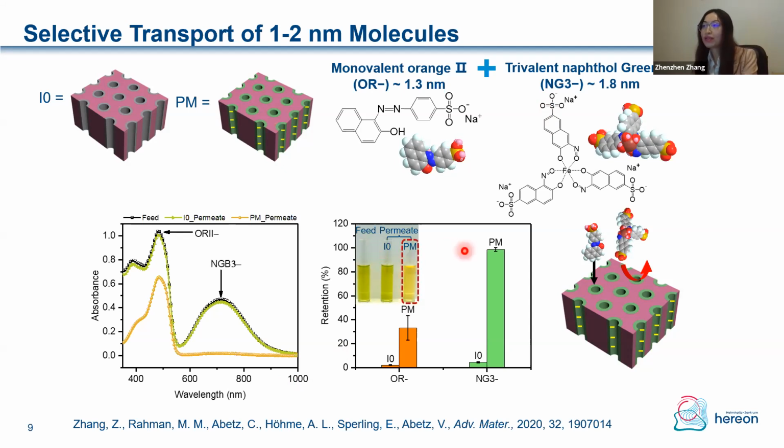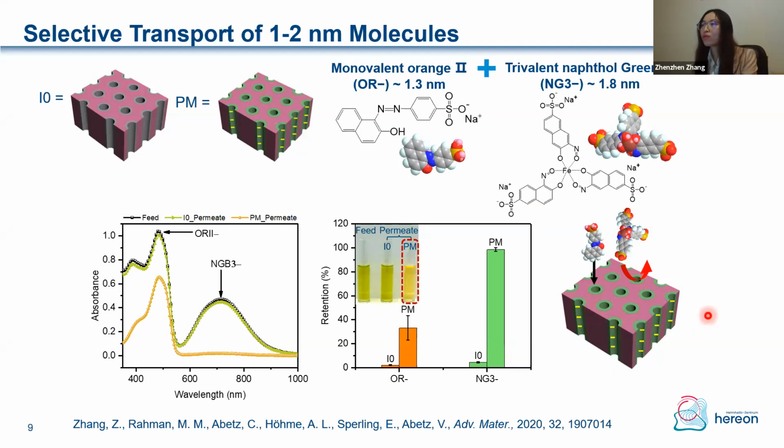After passing through the negatively charged membrane, we see the color turn into orange color. This is from the smaller monovalent molecules. It means the large trivalent molecules were highly rejected, and the membrane allows the pass of smaller monovalent molecules.